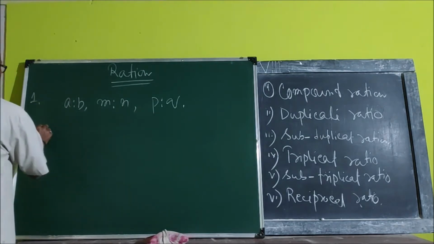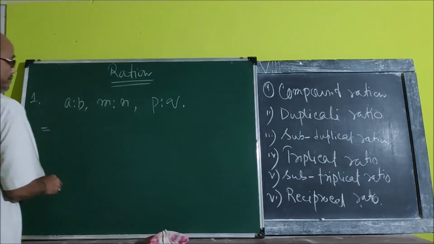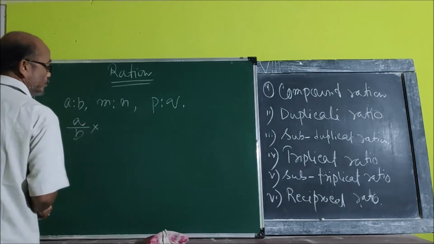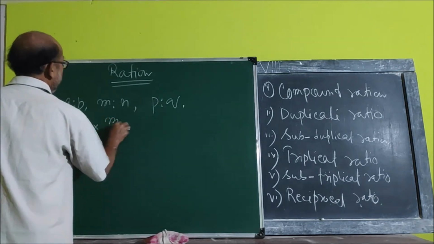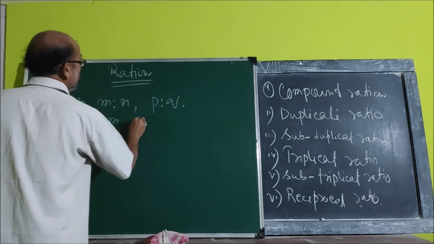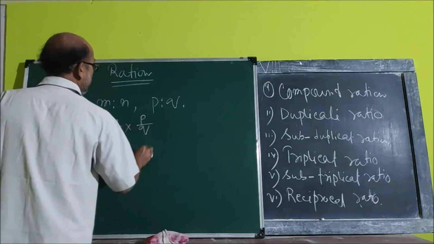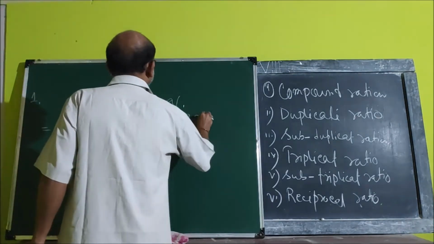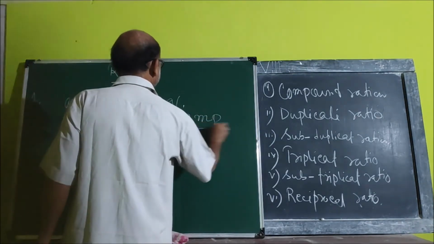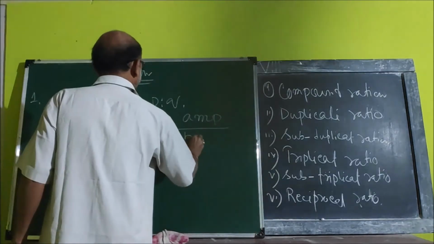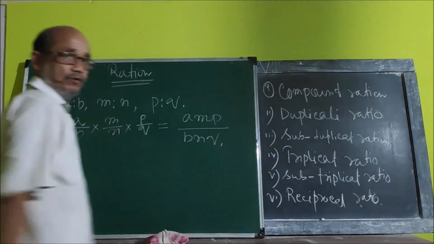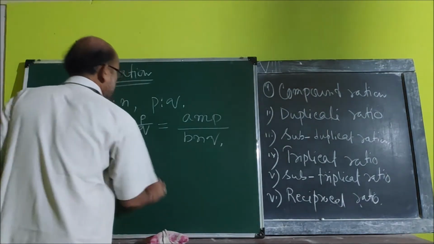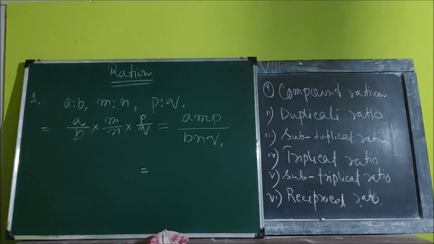Compound ratio means A by B into M by N into P by Q equals AMP by BNQ.